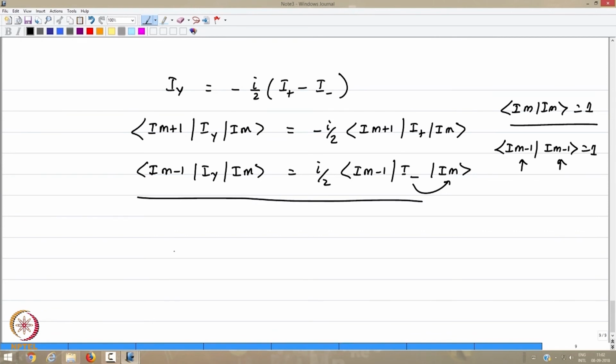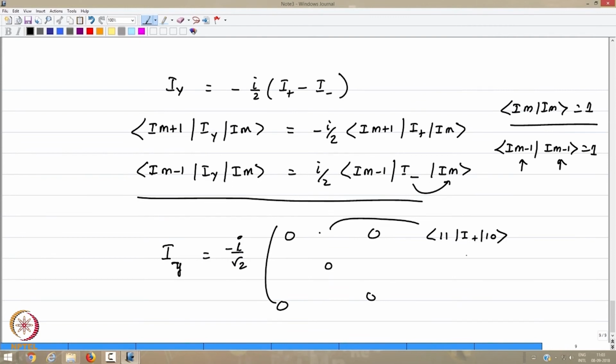So, given this, we can write the Iy operator as minus I by root 2 times a matrix. Okay. Now, let us see this. The first element is 0 because it is diagonal. All these are 0, and the 2 off diagonal elements are also 0. Therefore, what you have is this element, which is 1 1 I plus 1 0.